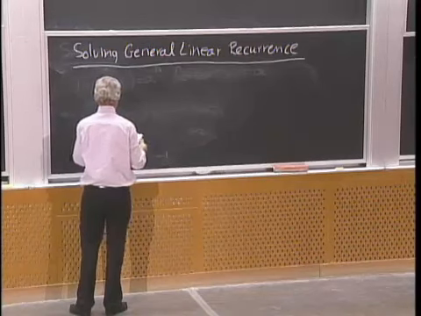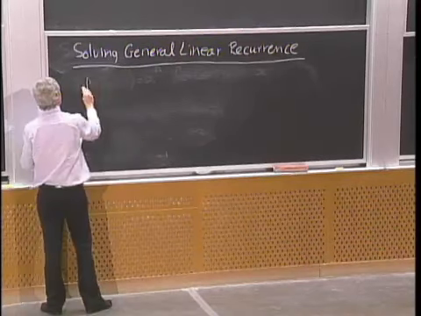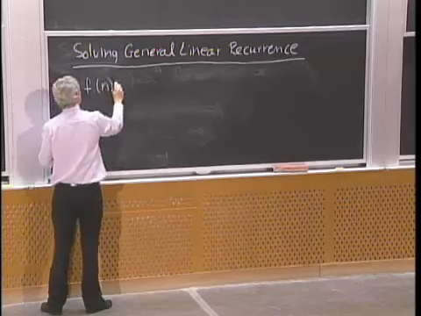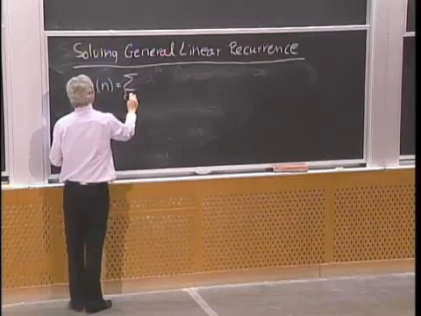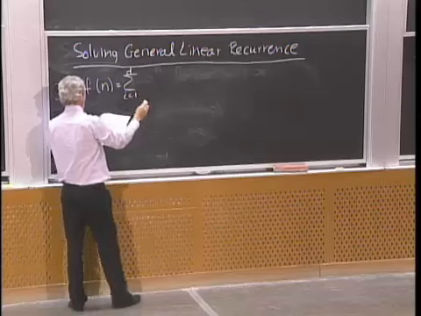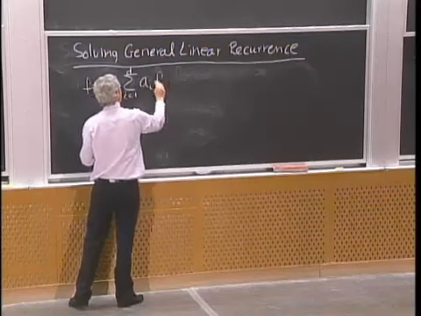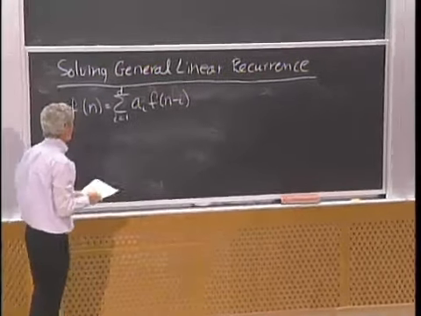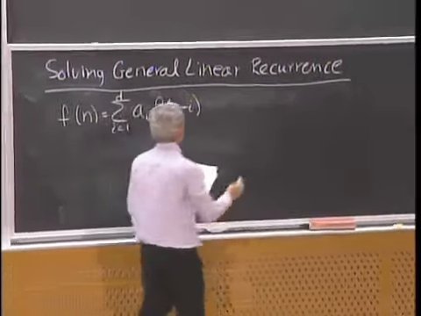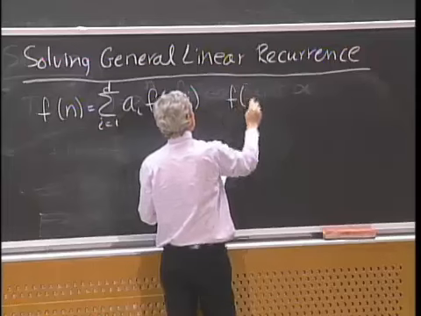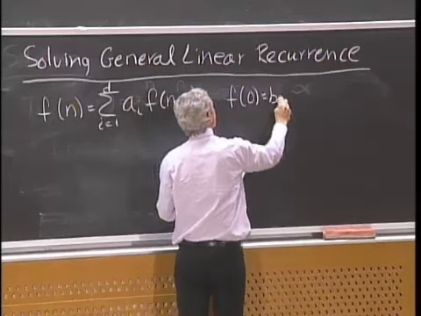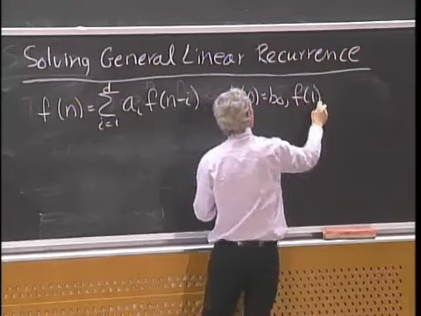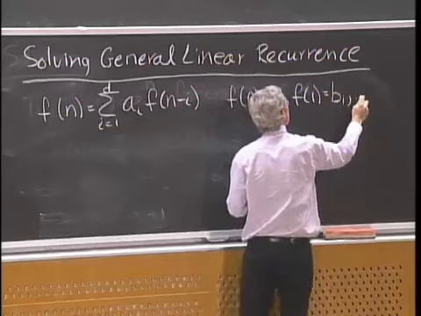So in this case, we've got f of n is the sum from i equals 1 to d, for an order d recurrence, a sub i, f of n minus i. And we've got to have boundary conditions. So we'll have f of 0 is b0, f of 1 is b1.